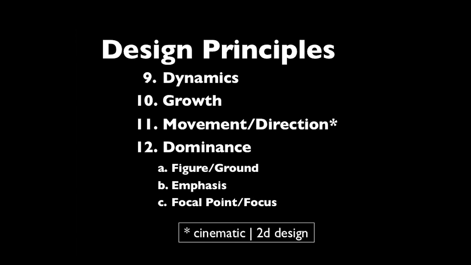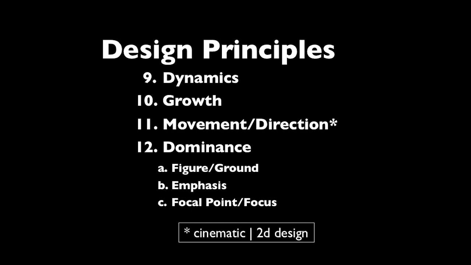And then, of course, learning to use the spatial depth cues like light, atmosphere, gradation, position, framing, and point of view. And then injecting energy into your scene and allowing for growth, being a change from one moment to the next. Growth is change. And then finally, movement and direction and dominance.